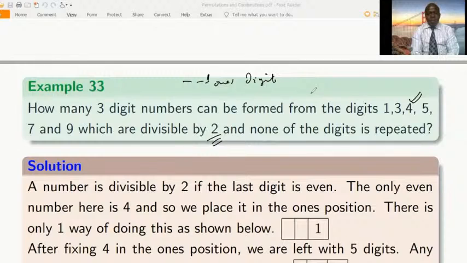So how many choices do we have for the ones digit? Only one possibility, that it must be 4. We want to create a 3-digit number. So if we've already placed 4 here, we have only one possibility for the ones digit.